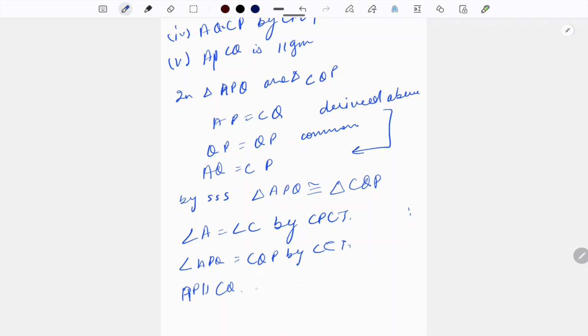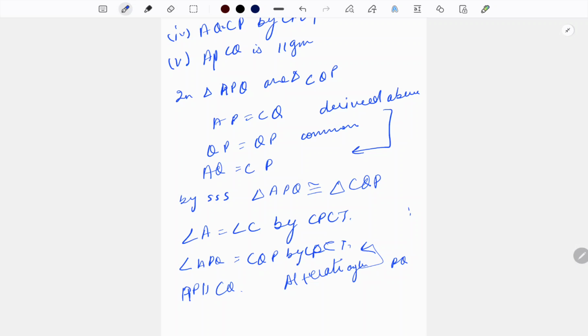AP is parallel to CQ because these form alternate angles on transverse PQ.